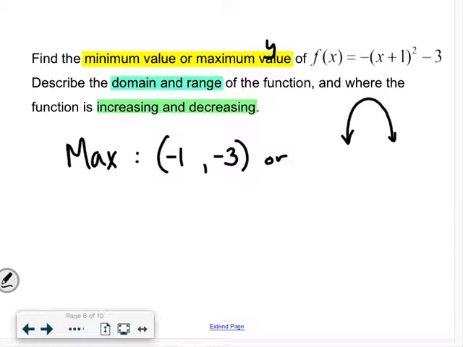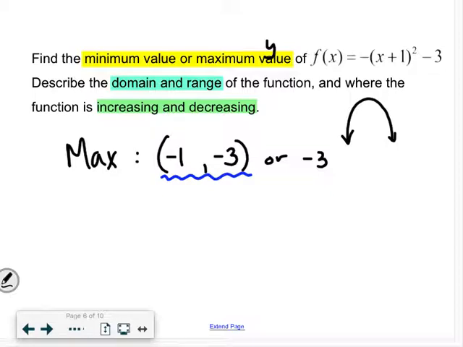So in the vertex, the max y value is -3. Let's practice labeling the vertex for the maximum, because there is something that -1 is working towards. It's when you reach your maximum.